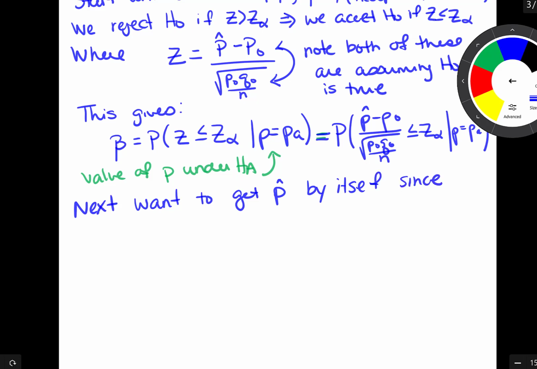And the reason that we're doing this, and I didn't say this in the last example, is that P hat is the random piece. So this goes back to that idea of keeping in mind that the estimator is random, everything else is fixed. So when we're talking about that probability statement, what we're doing is we're isolating the piece that's random, and then we're going to utilize the distribution of that random piece, assuming that we're in that specific place in the alternative hypothesis.